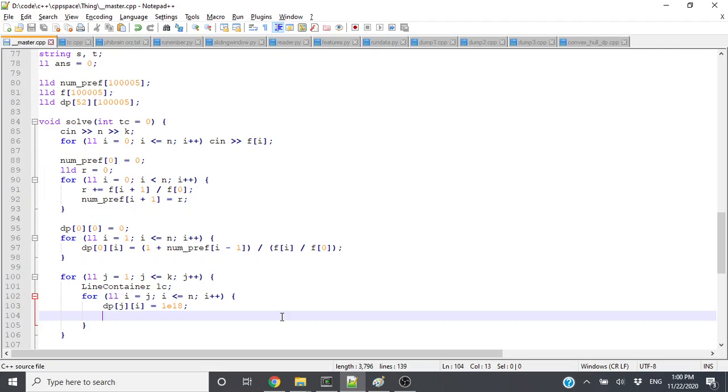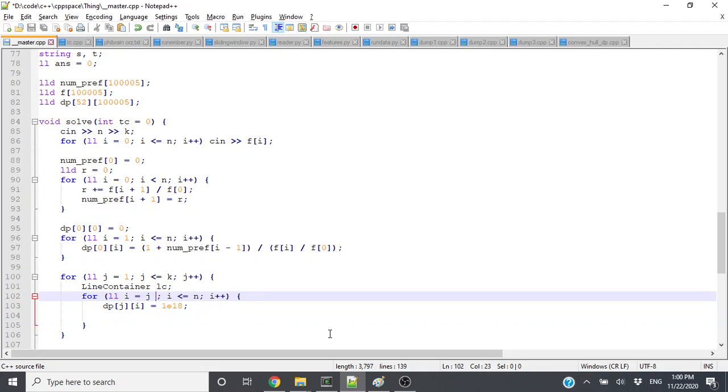Otherwise it doesn't make sense. Start j minus 1. Actually, it doesn't matter. It's a constant anyway.